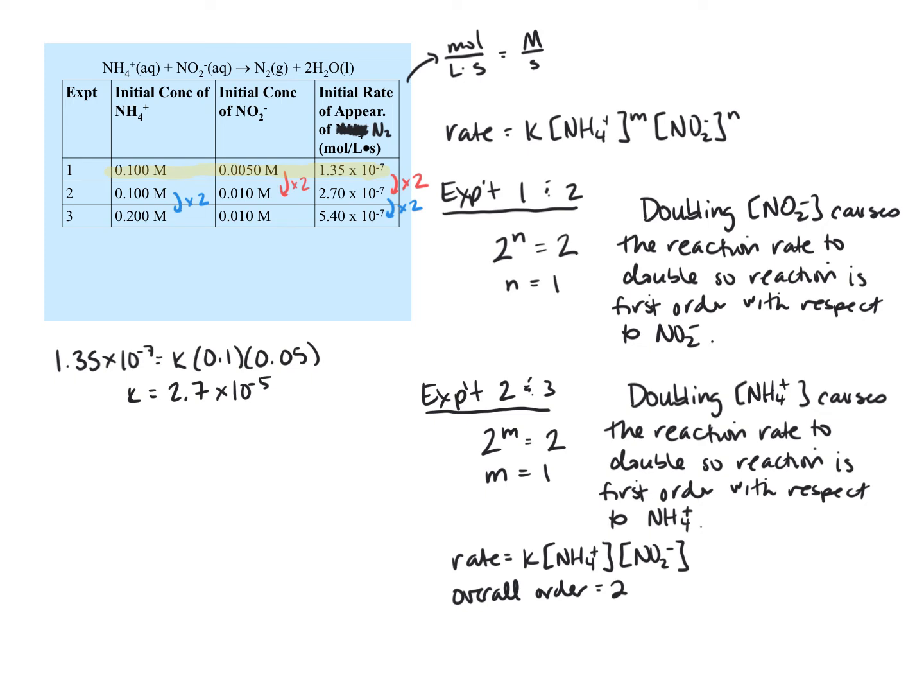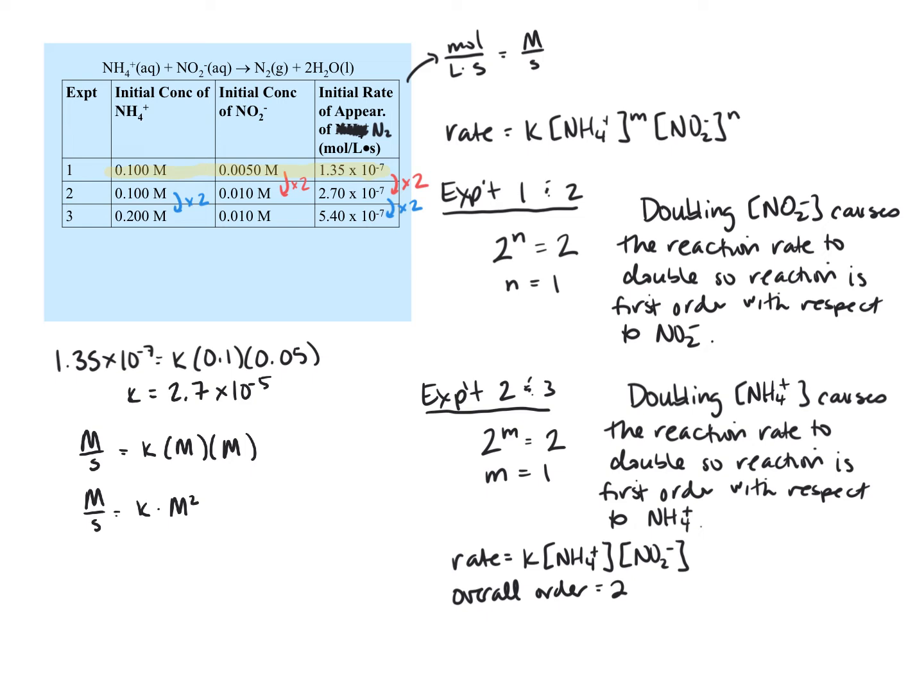Okay, so for rate, you would plug in M over s equals K, and then molarity for NH4 plus and molarity for NO2 minus. This gives you molarity over seconds equals K times M squared.